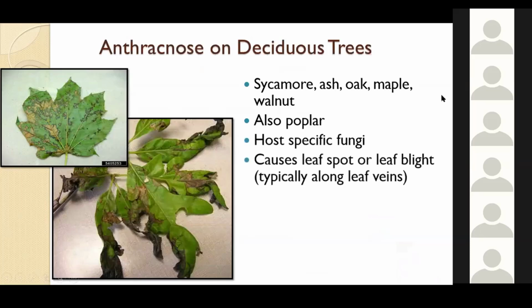And typically, with anthracnose, a lot of the lesions will be along the veins. As you see in the top picture of the maple leaf that we have there, a lot of the lesions do tend to originate at the veins and spread out. Pretty typical of anthracnose.